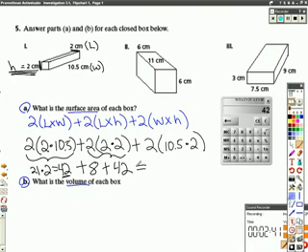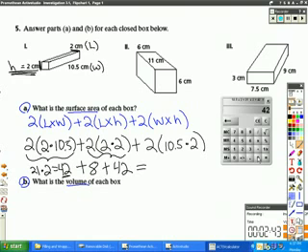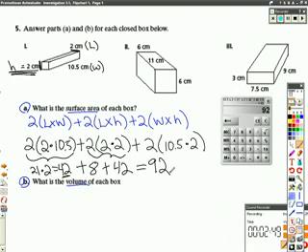So what that's going to equal is 42 plus 42 plus 8 equals 92. And we have to remember to put our unit of measurement on, so that's 92 centimeters squared. Because again, remember, we're getting surface area. Area is always in square units.